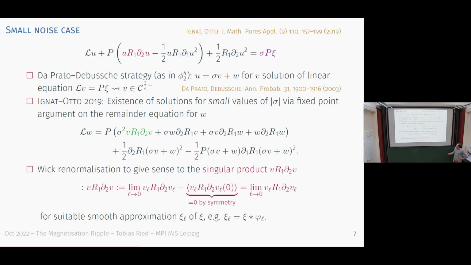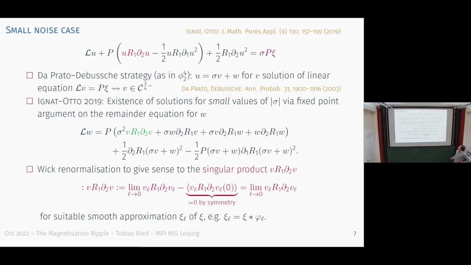And the way to treat, assuming everything is a Gaussian noise, the singular product here, V in my talk will always denote the linear solution, so the solution of LV equals psi, for which we have the nice Schauder theory.